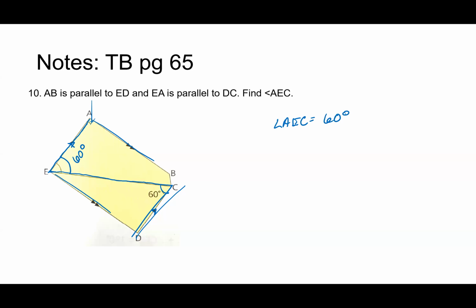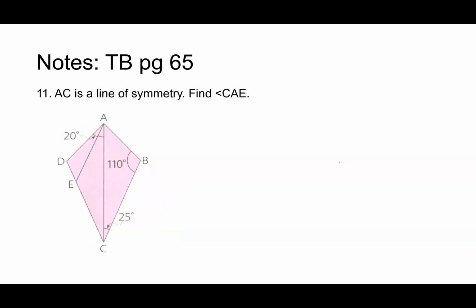Way to go. All right, let's go ahead and go over the exit ticket. I won't collect it. Okay, find angle CAE. What do you think, Finn? One is symmetry. Okay.